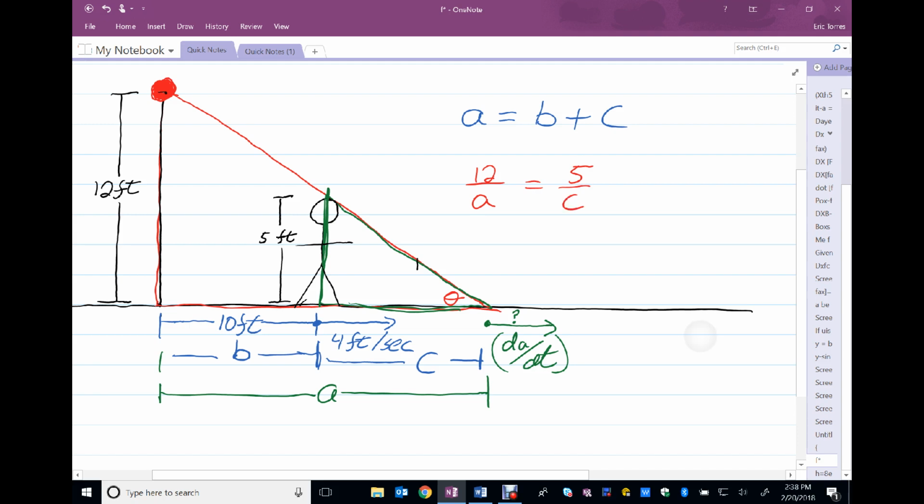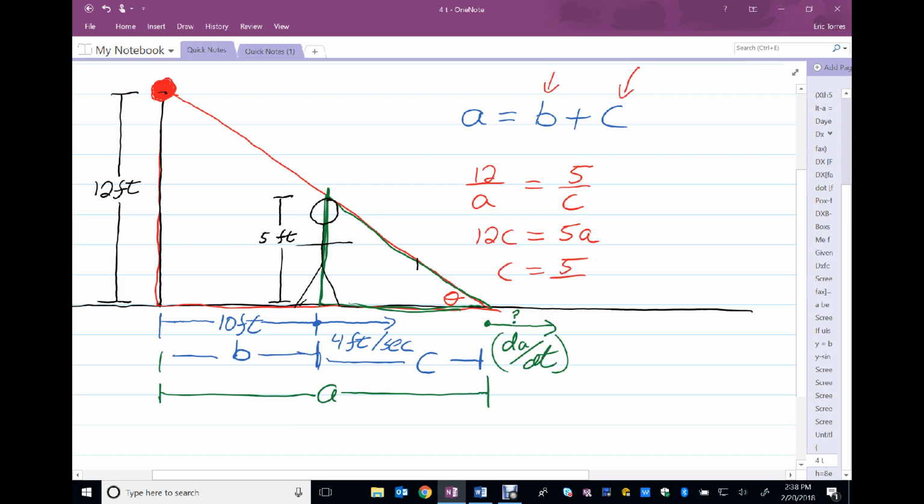I can cross multiply this, and I get 12C equals 5A. And what I really want to do is get rid of the C in this equation, because we know how B is working, and we know dB dt. So what I will do is solve this equation for C by dividing both sides by 12.